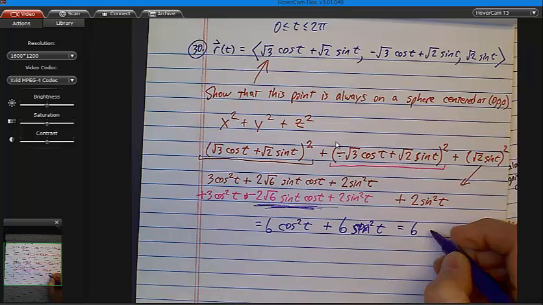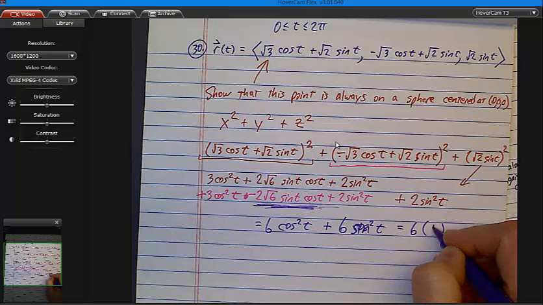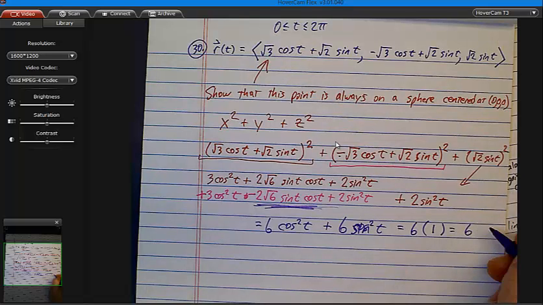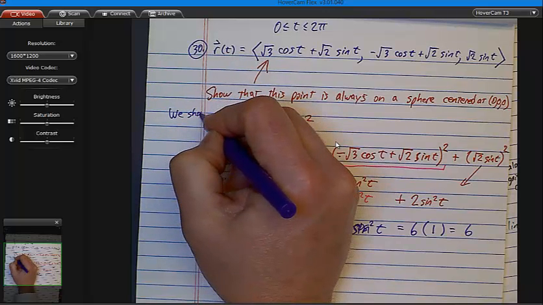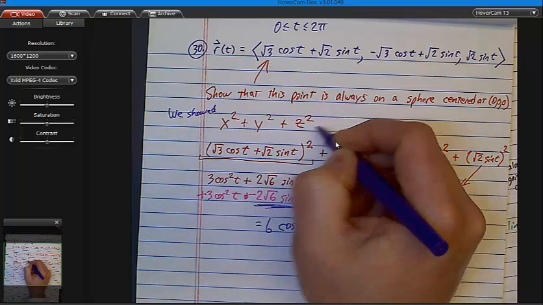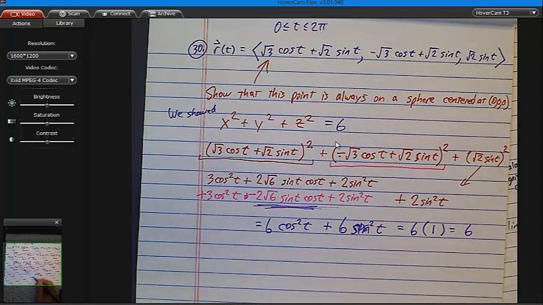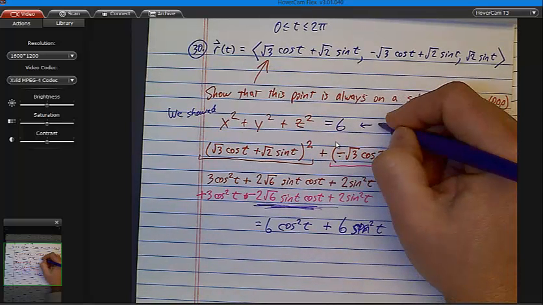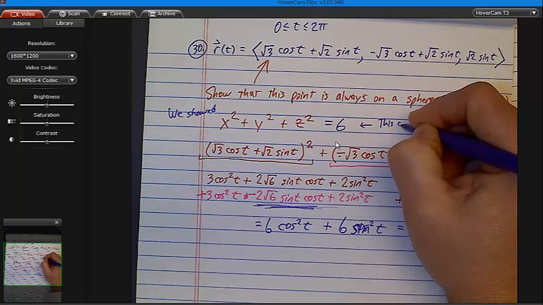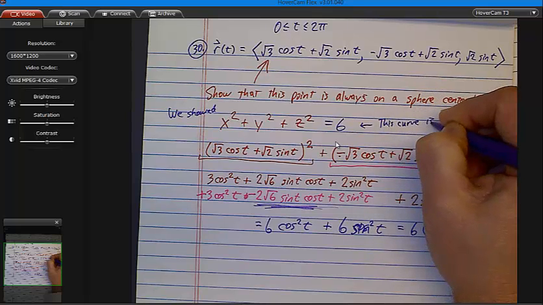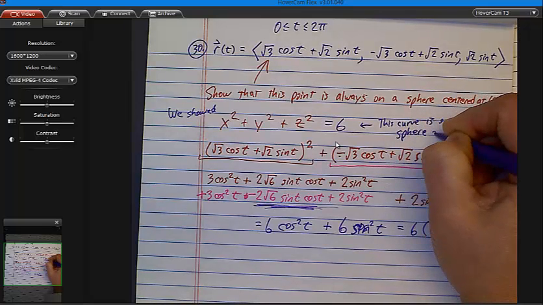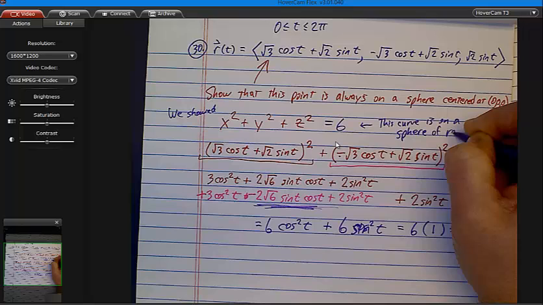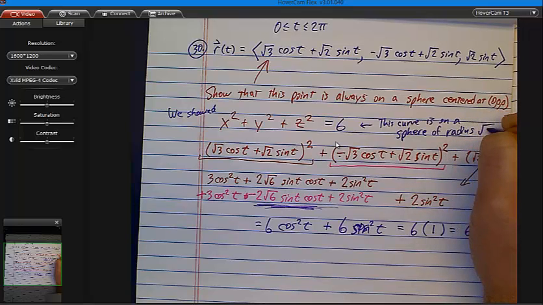And so again, factor out the 6 from cosine squared plus sine squared, and you get 6. So we just showed that x squared plus y squared plus z squared equals 6. And so this curve is on a sphere of radius square root of 6.